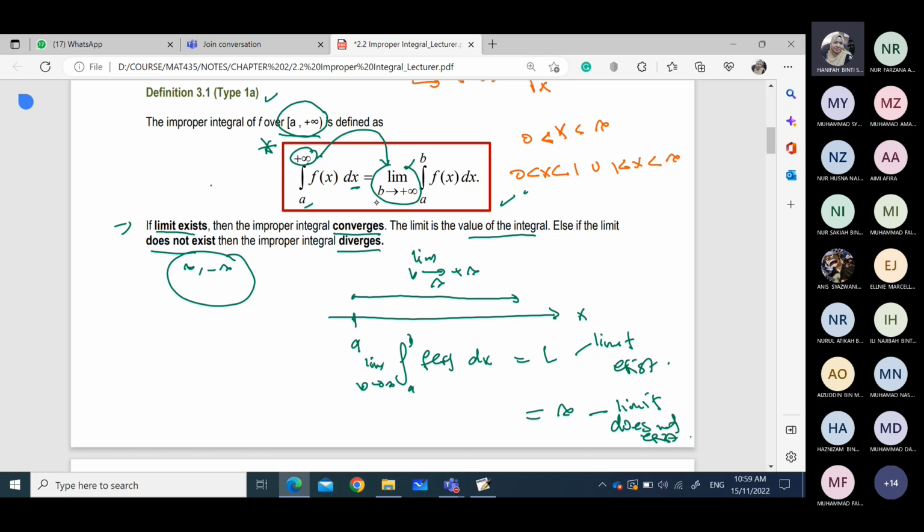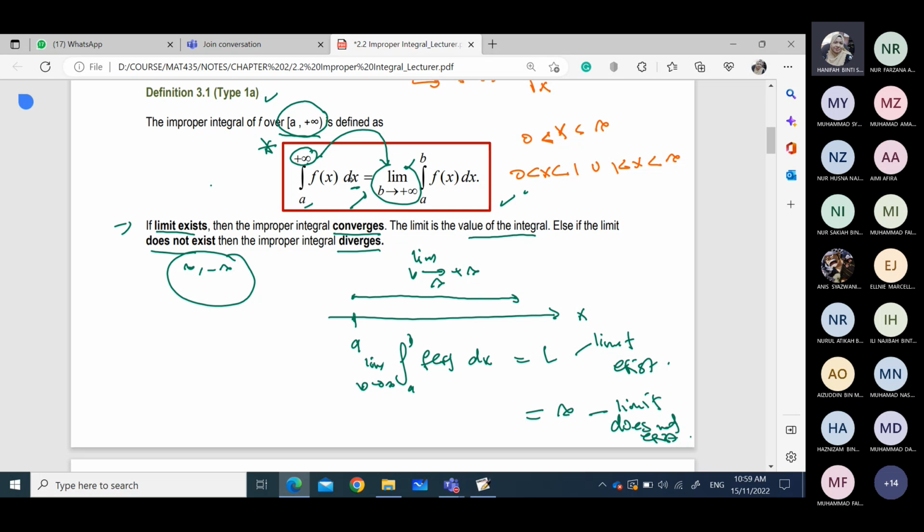This is the definition for this improper integral. So here we decide ourselves whether it is b or c or anything, as long as you understand that the b here represents values of x. So this also represents values of x.